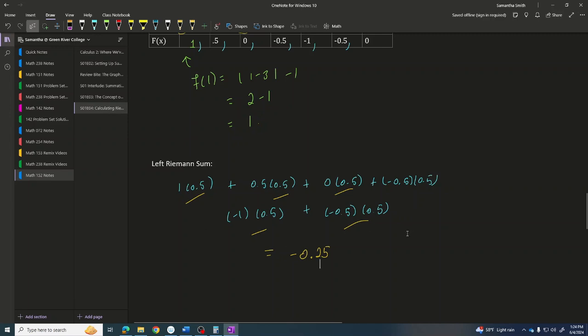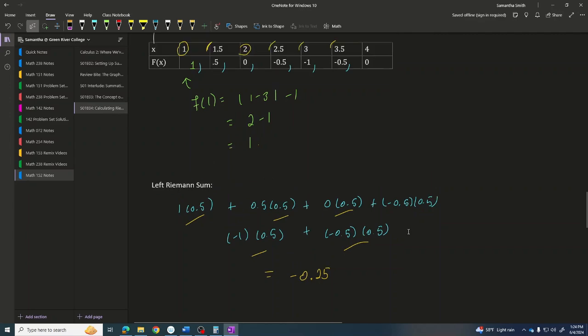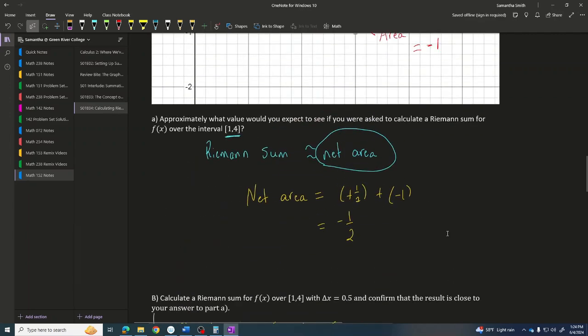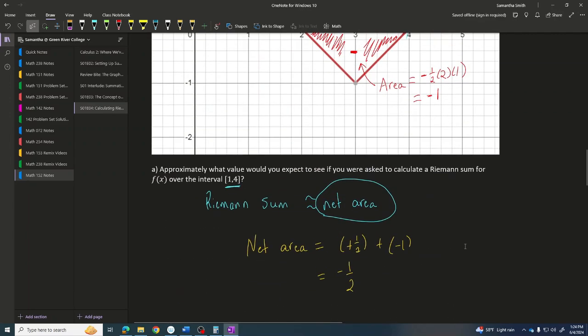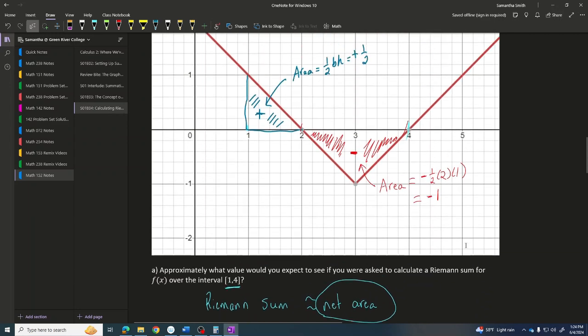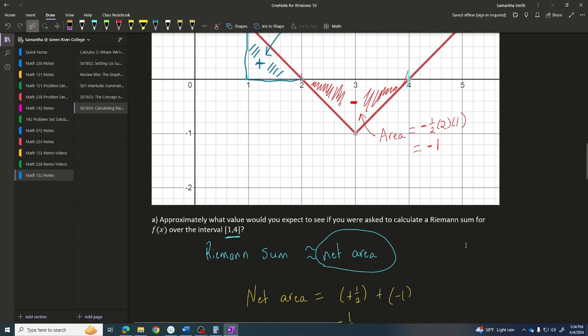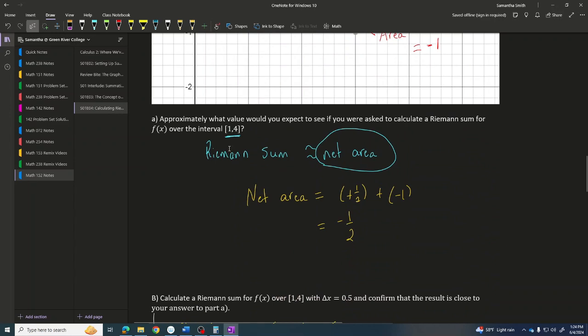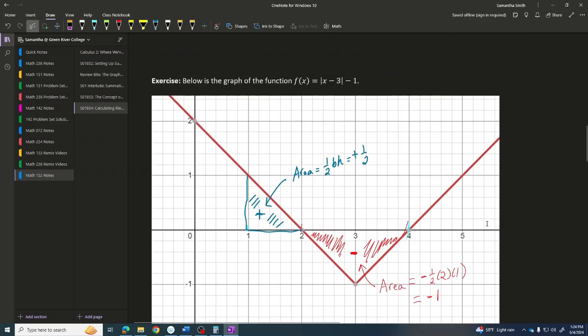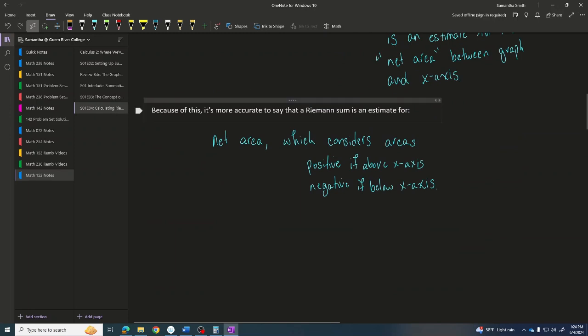Notice that this value is not that different from the net area that we estimated in part 1 via the picture alone. And that's the way it should be. The value of the Riemann sum that you calculate should always be close to the net area, because the Riemann sum is just an estimate for the net area between the function and the x-axis.